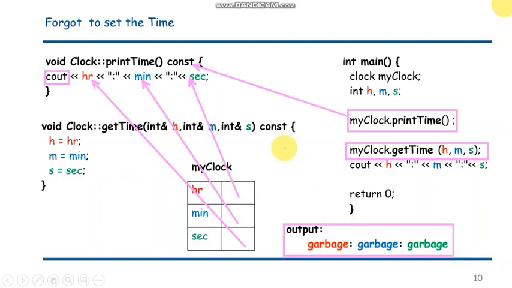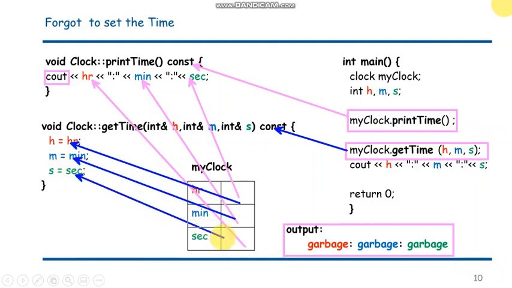The same thing with get time. You would say that we'll set the object first and then we'll call get time. In this instance, let us see what happens. Get time will take us to its definition, and what it is going to do is also read hour, minute, and second.